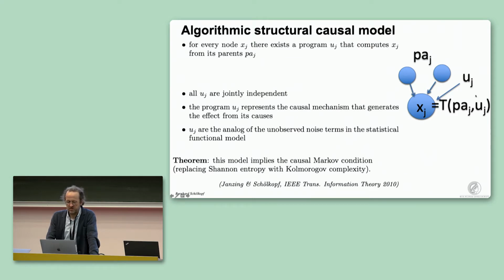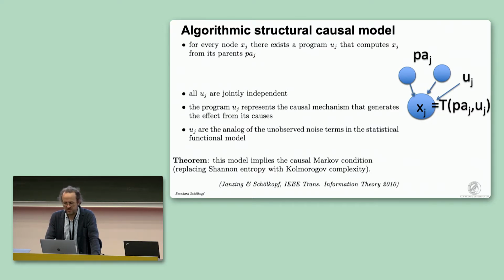And we assume that all programs are jointly independent, so all these unexplained things are jointly independent in the sense of Kolmogorov complexity, which simply means that a joint compression does not save space compared to individual compressions.